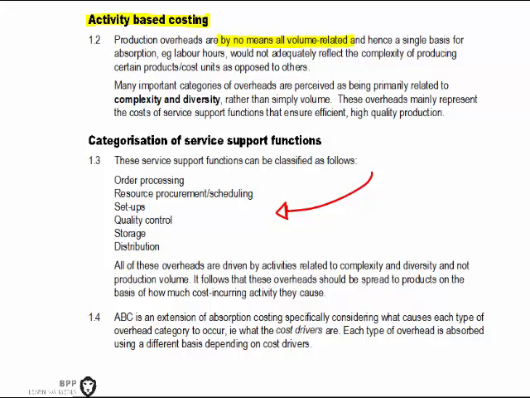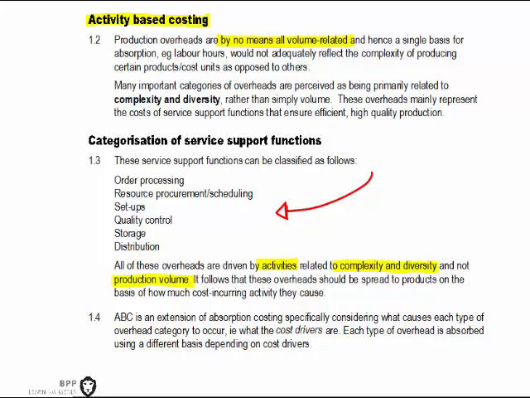We've also got a lot of quality control, we've got maybe storage and distribution. And of course that may be costly if customers are dispersed geographically. Now all of these overheads are driven by activities related to complexity and diversity and not production volume.